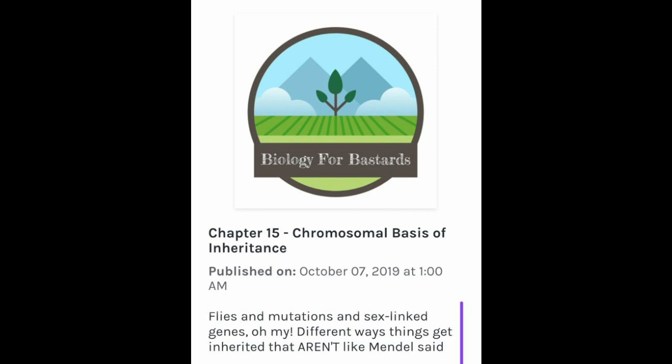Now, because there are 2 X chromosomes in females, we get this process known as X inactivation, or X chromosome inactivation, and the formation of bar bodies. And bar bodies are what's responsible for calico cats. If you've ever seen a calico cat, odds are it's a female. You can make a bet that a calico cat is female, and you would win pretty much every time.